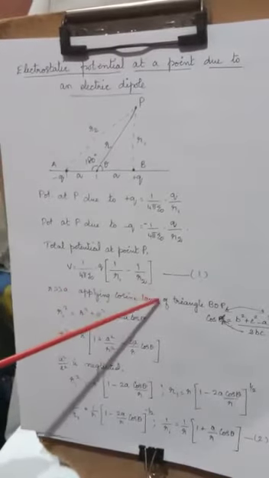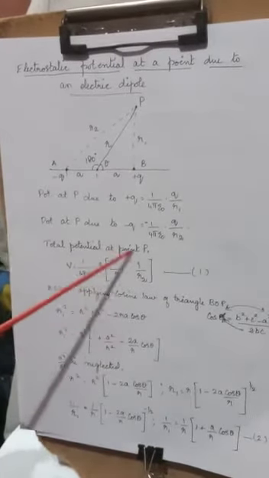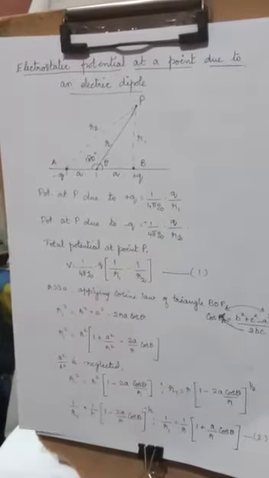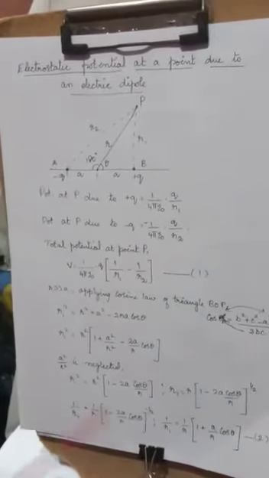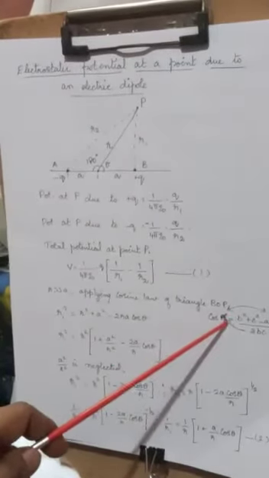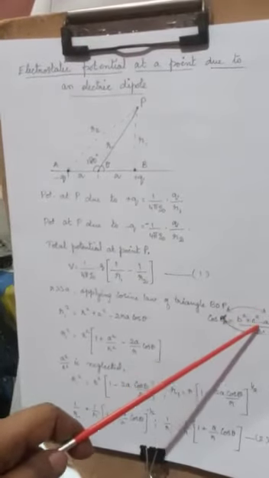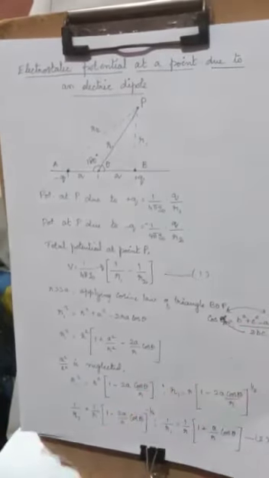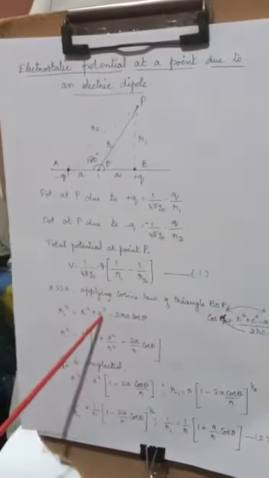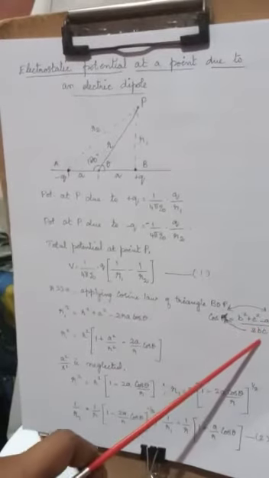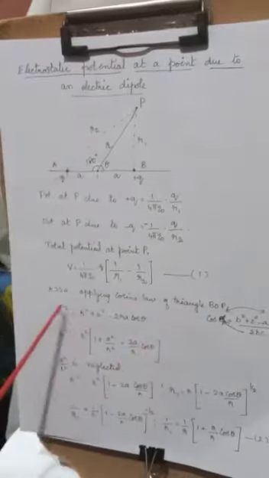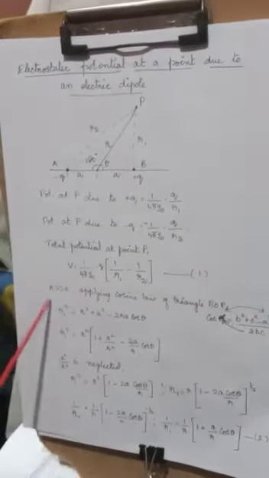Now I need to resolve what is there in the bracket, 1 by r1 minus 1 by r2, for which I need to apply the cosine law. What does the cosine law say? cos alpha is equal to b square plus c square minus a square by 2bc. Here b is r, c is a, so 2ra, and the a in the minus a square is r1.